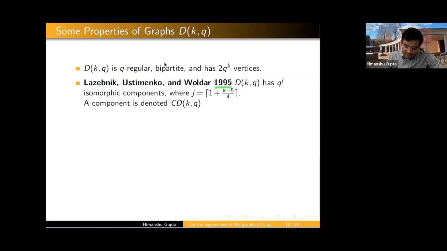In 1995, Lazebnik, Ustimenko, and Woldar showed that D(k,q) are not connected whenever k is greater than or equal to 6. They showed that the number of connected components is q to the power j, where j is 1 plus the floor of (k minus 5) divided by 4. Okay, so starting with 6, we have 1 plus (6 minus 5) divided by 4.